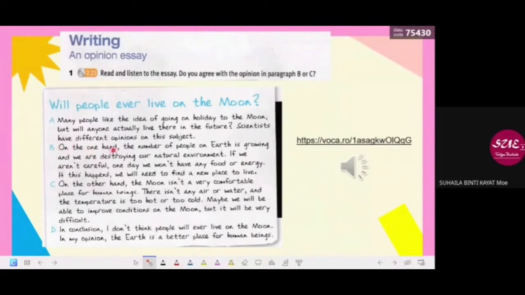On the one hand, on the other hand. Okay, these two are connectors. So, later when you write your essay, you must have these two phrases in your content paragraph.